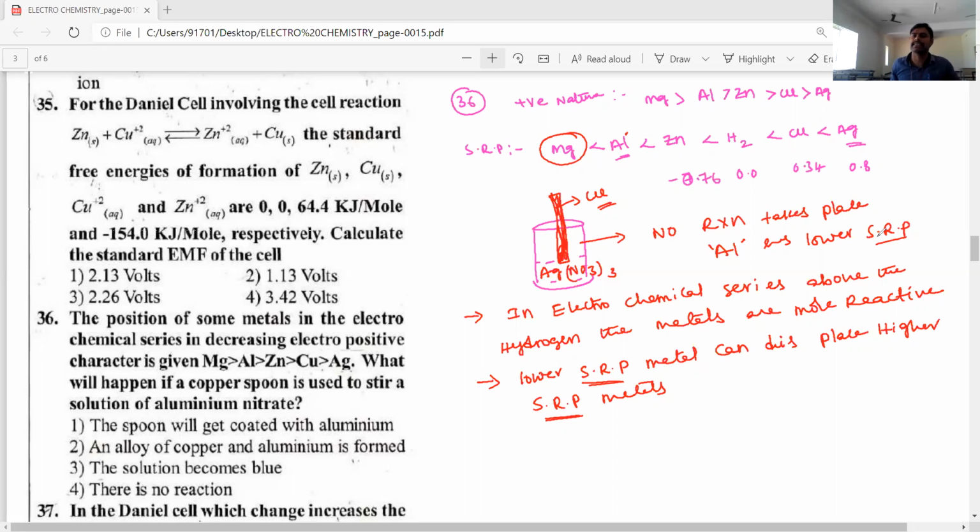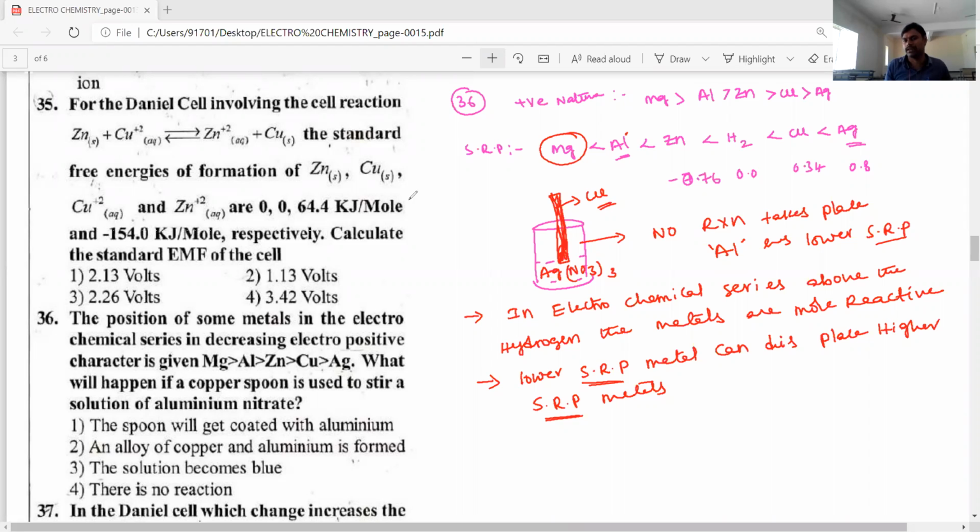In the electrochemical series, what are the metals present above the hydrogen? Above the hydrogen means the metals having lower SRP value. They are very reactive when compared to the hydrogen electrode. Among all those lower SRP metals, the metal having a very low SRP value can displace higher SRP metals from its salt solutions.